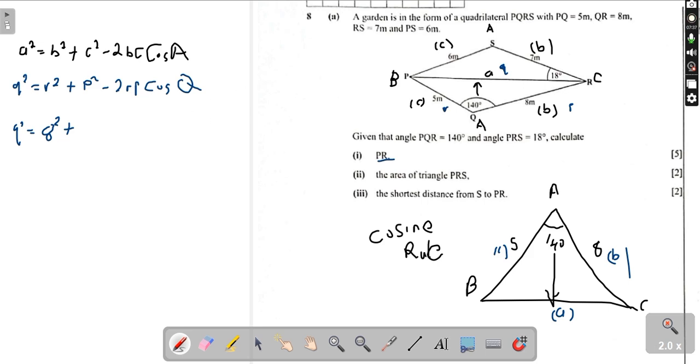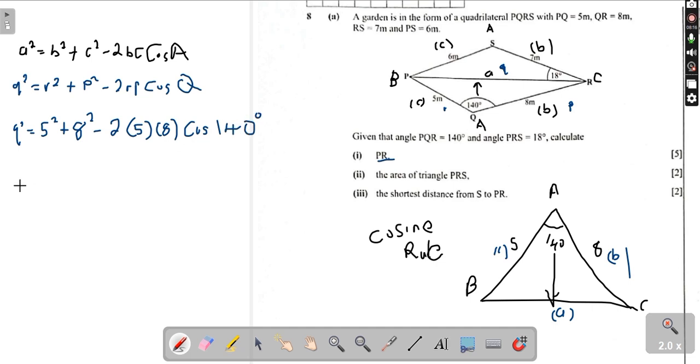So R is 5 squared. Then P is pointing here, so it is 8 squared, minus 2 times 5 times 8. You're just replacing cos Q with cos 140.